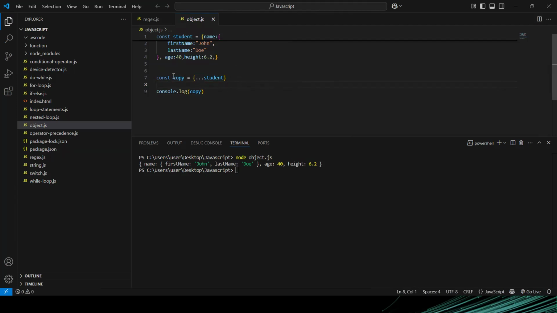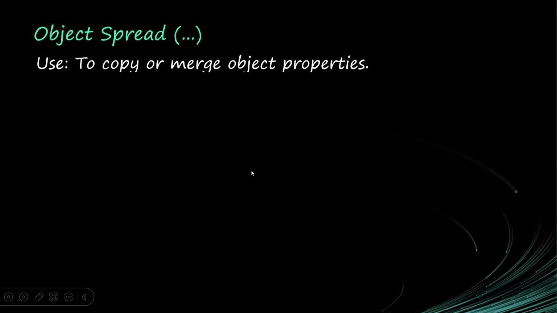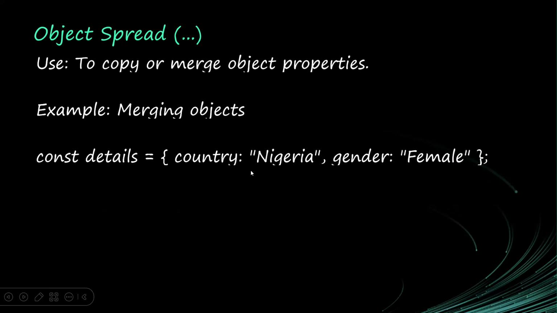It will create a new object, and that new object will be assigned to copy. You can also use it to merge objects. Let's say you have two objects and you want to merge them into one.